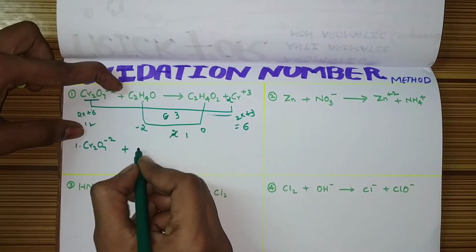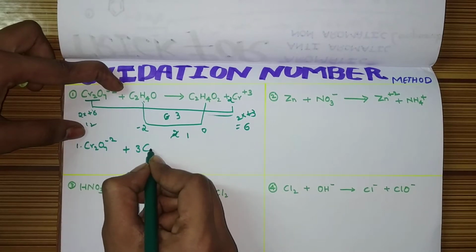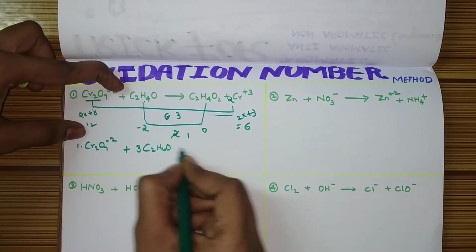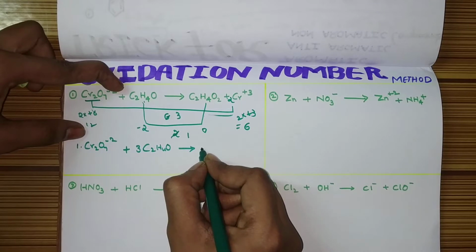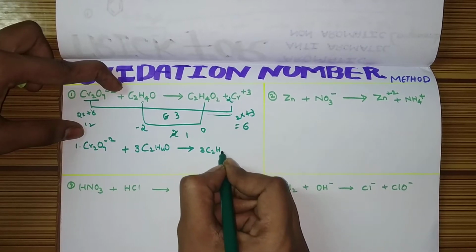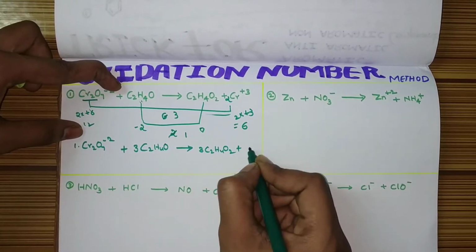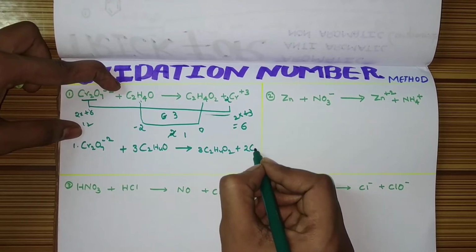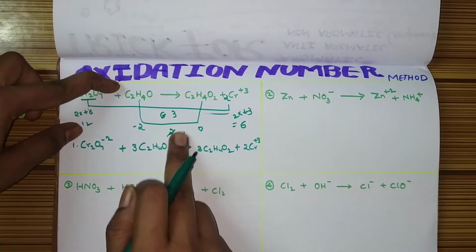So 3 into 2, 6: 3 C2H4O2, plus 1 into 2 Cr3+.